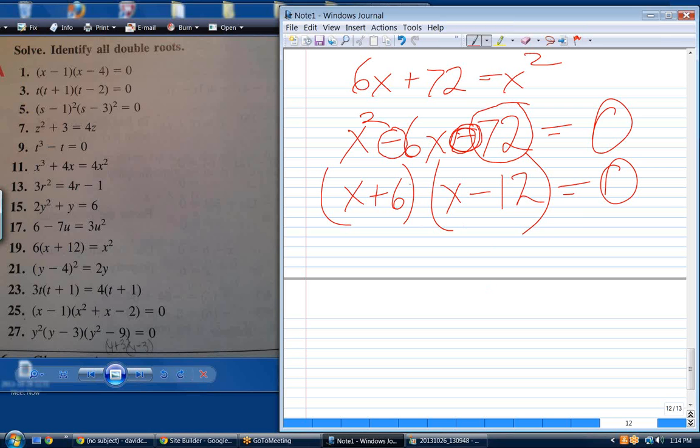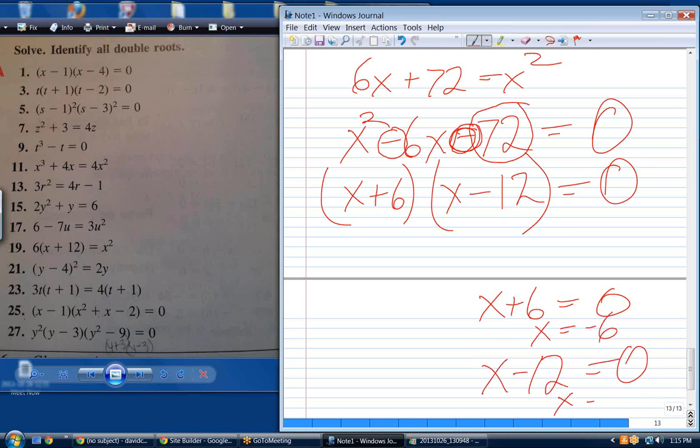In other words, when you have one thing multiplied by another thing equals 0, then either x plus 6 has to equal 0 or x minus 12 has to equal 0. And if we solve each of those equations, we get x equals minus 6 or x equals 12. So those are your two solutions.